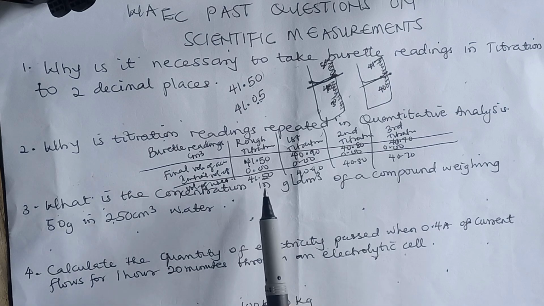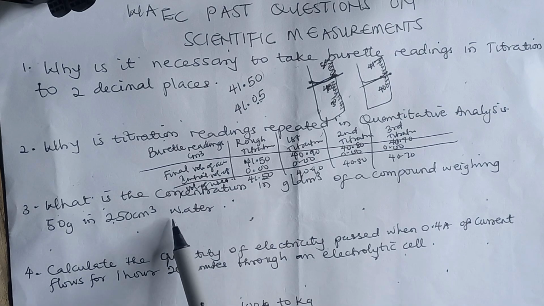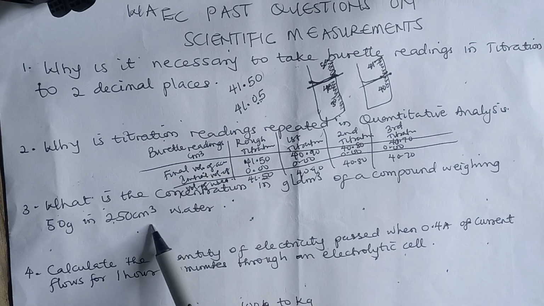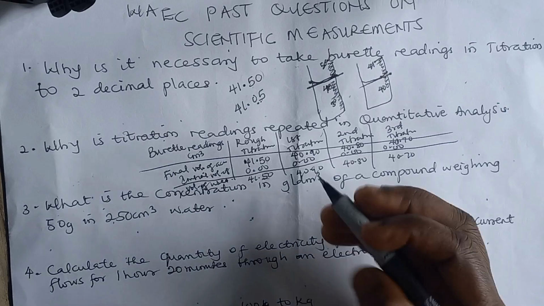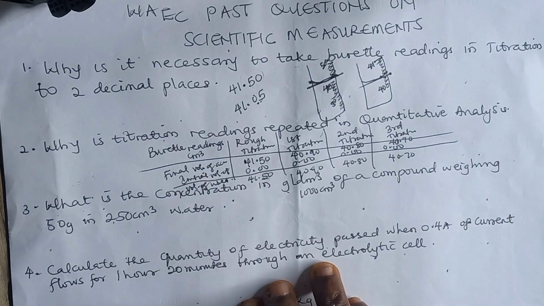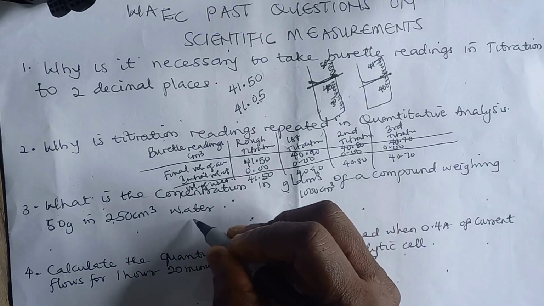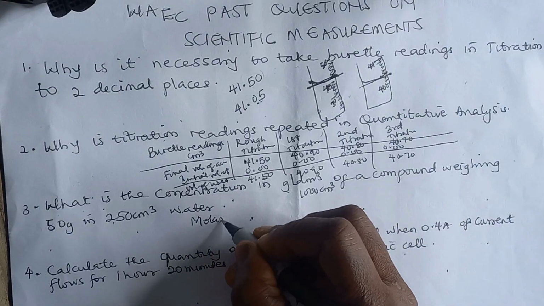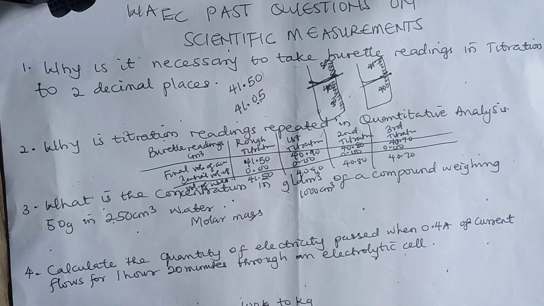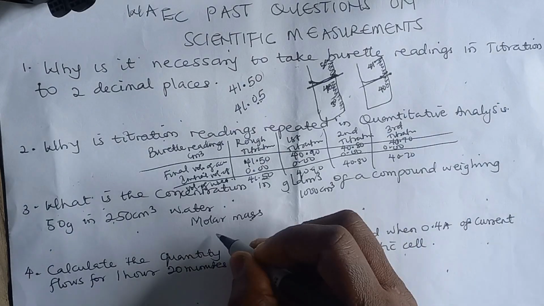Now, if you take a close look at this, you were asked to express 50 gram in 250 cm cube back to gram per dm cube. Now, 1 dm cube means 1000 cm cube. So we have a formula that we use in calculation of titration.